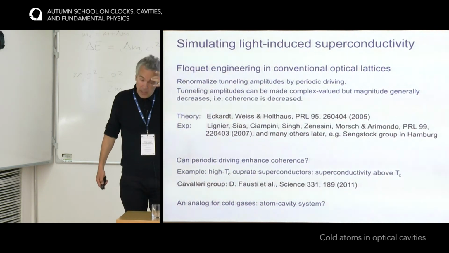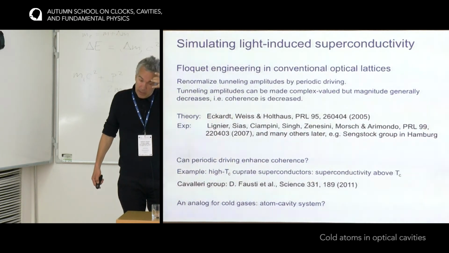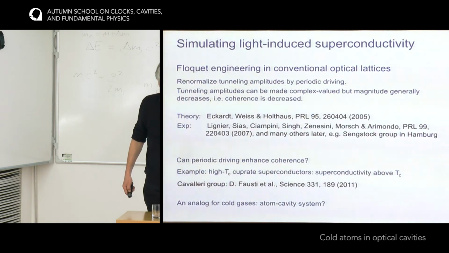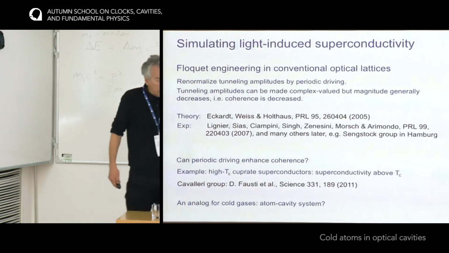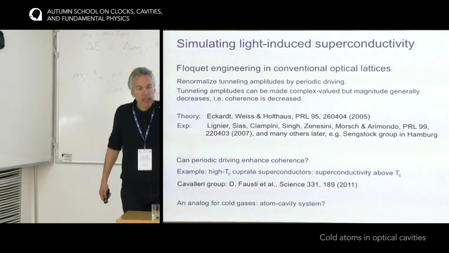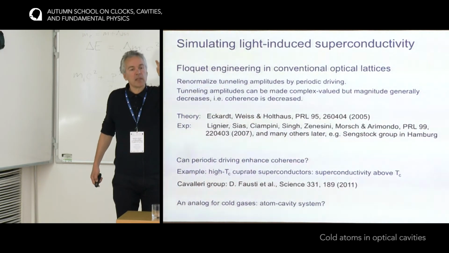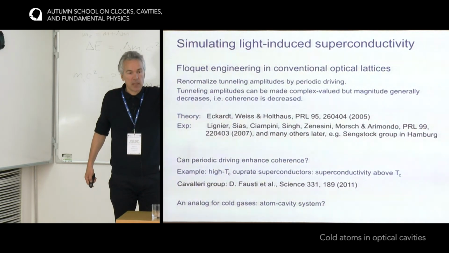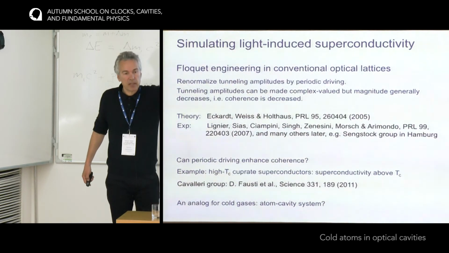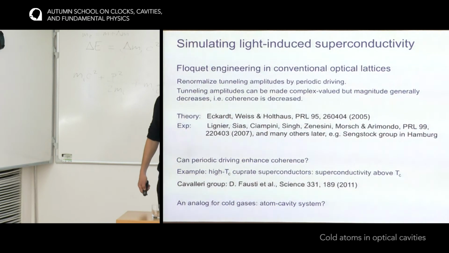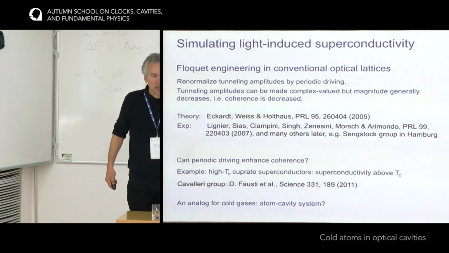People then say that they basically emulate artificial gauge fields in their lattices, and this just means that the tunneling amplitudes are equipped with non-zero phases, and then you can have phase patterns that can be quite complex, and that leads to all sorts of interesting new physics.